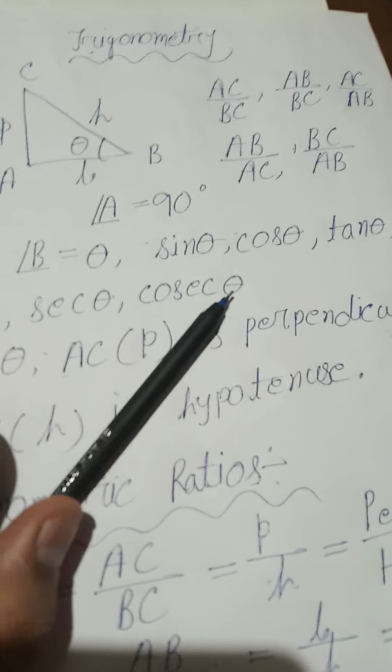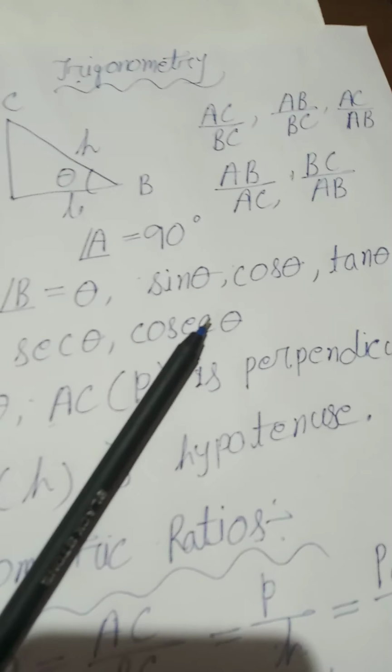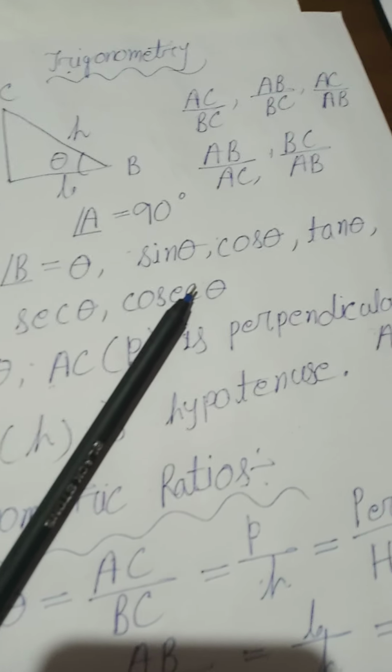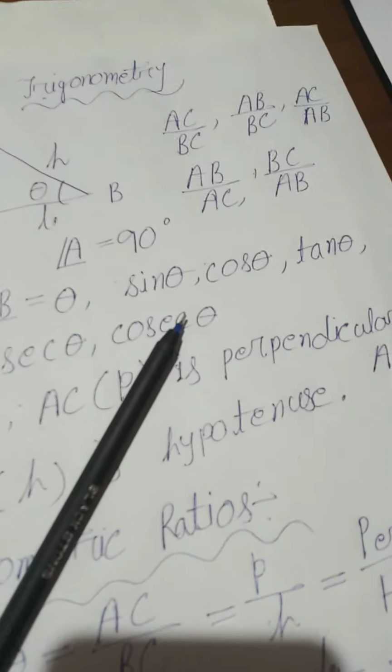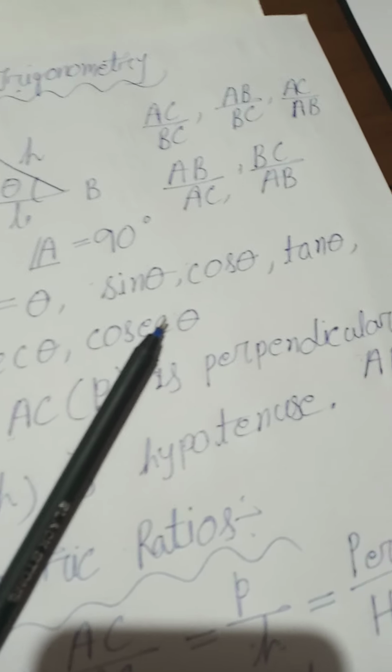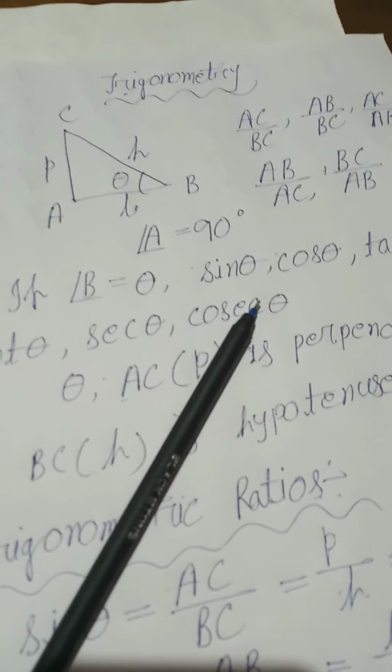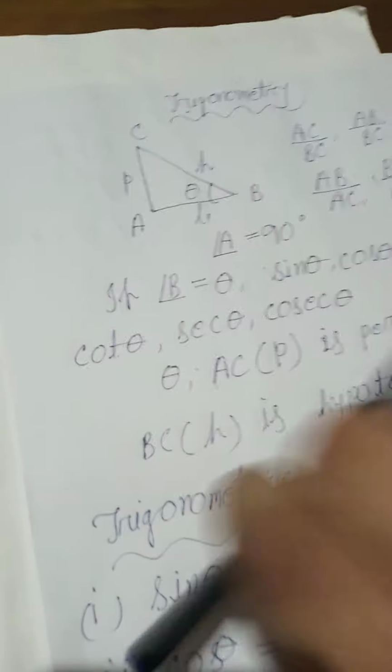Clearly sin theta and cosec theta are reciprocals to each other. Similarly, cos theta and sec theta are reciprocals to each other, and tan theta and cot theta are reciprocals to each other.